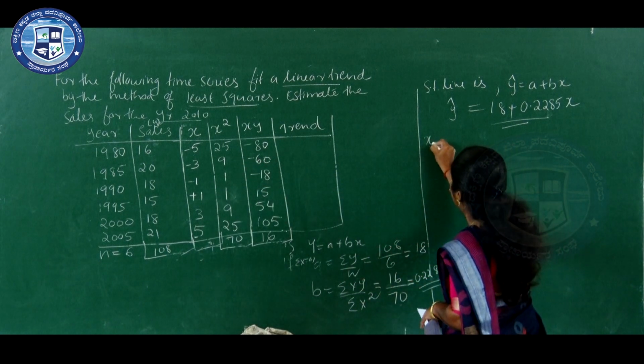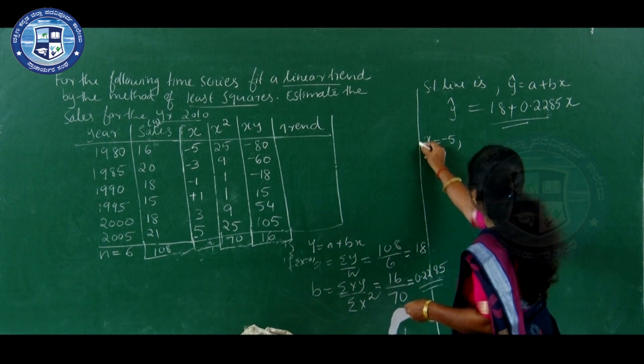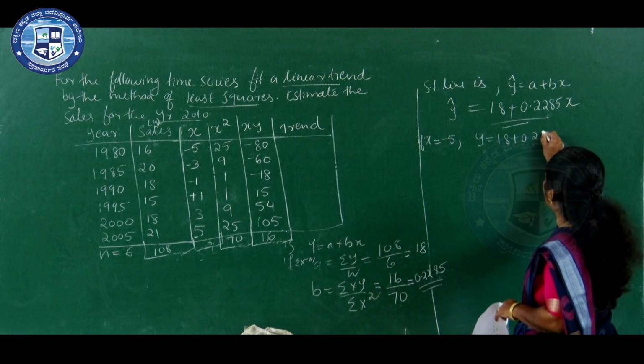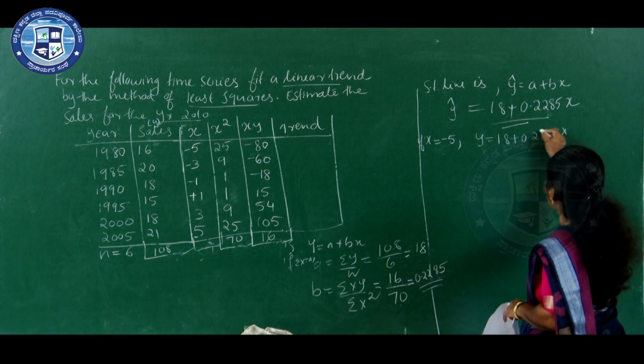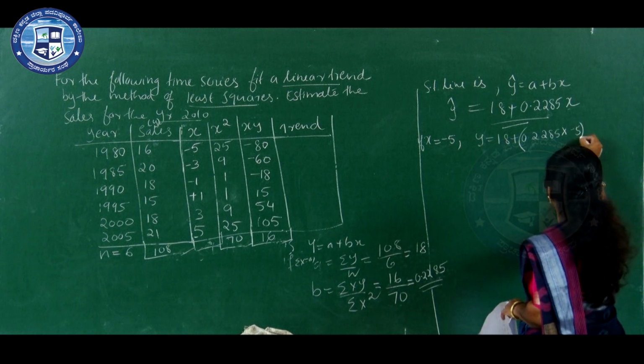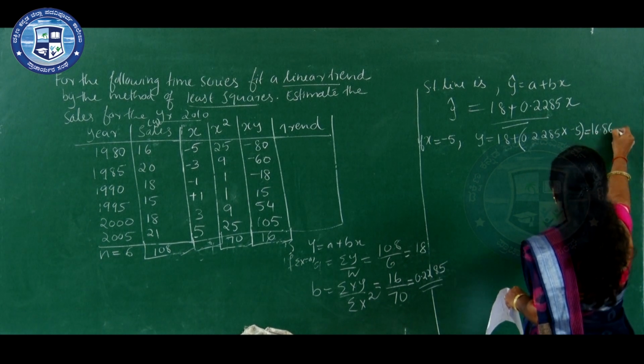If x is equal to minus 5, then y is equal to 18 plus 0.2285 into minus 5, and the answer is 16.86.